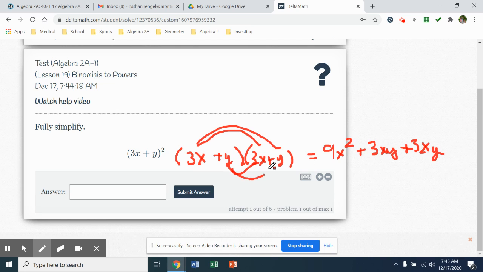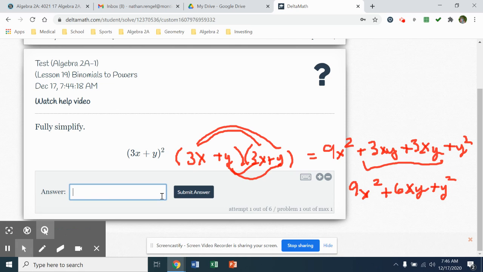And then my lasts, which are y times y, which is going to be y squared. Now I can combine the outsides and insides because they are the exact same variable xy. So I would get 9x squared plus 6xy, 3 plus 3 is 6, plus y squared. So there would be my full polynomial after multiplying out 3x plus y 2 times.